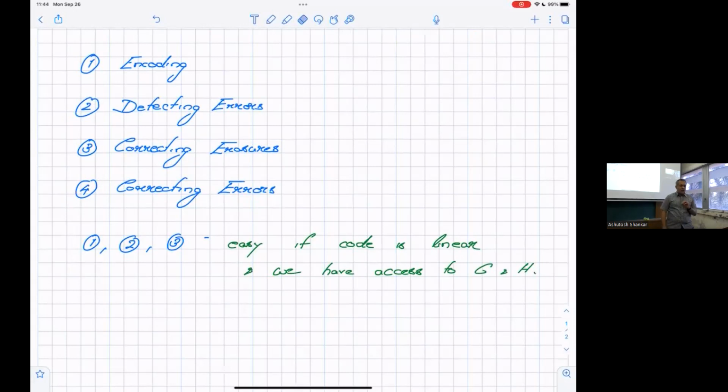So 1, 2, and 3, we will not dwell so much on. These are easy in general if the code is linear.